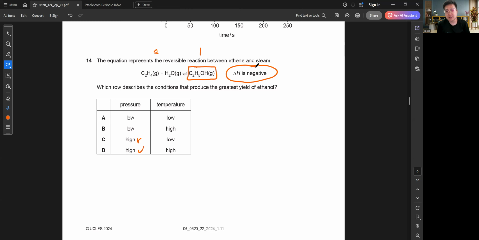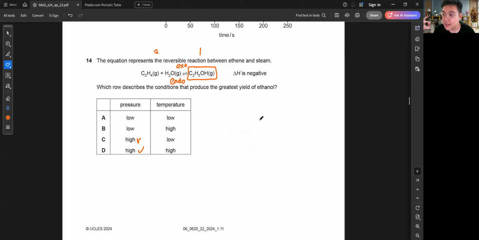Delta H is negative, which means it's releasing heat, exothermic. So the forward reaction here is exothermic, which means it releases heat. And then the bottom, by default, will be endothermic. That means the backward reaction.